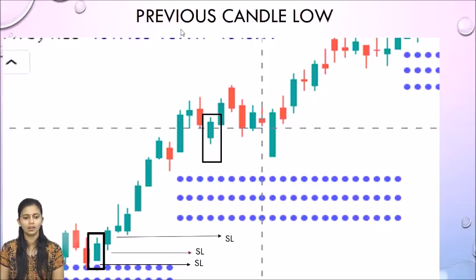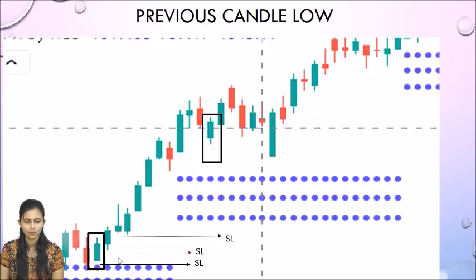So see, this is a chart for you to show how to trail the previous candle low. If this candle is your entry, then your entry will be above this candle high, stop loss will be below the candle low, right? So the next day, once the next day candle closes, you will trail the stop loss from here to here.